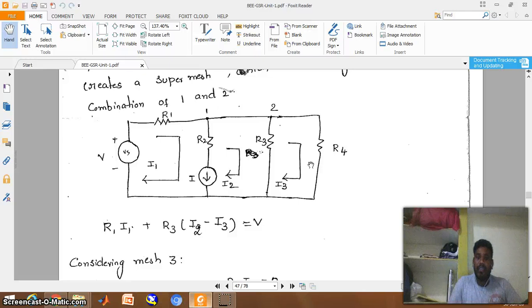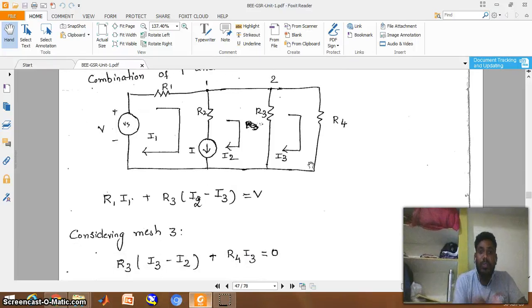Here consider one circuit. One voltage source is there, and four resistances are there, R1, R2, R3, R4. In the R2 branch, the R2 resistance is connected in series with the current source. Loop 1 and loop 2 are connected with one current source, so loop 1 and loop 2 are treated as a supermesh.